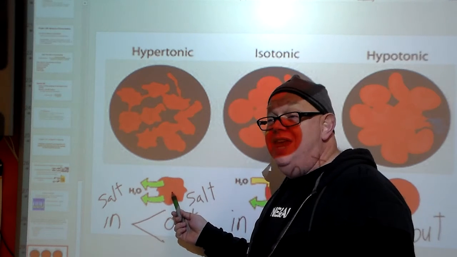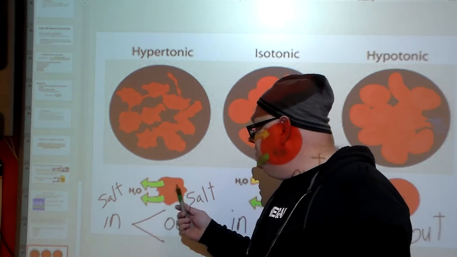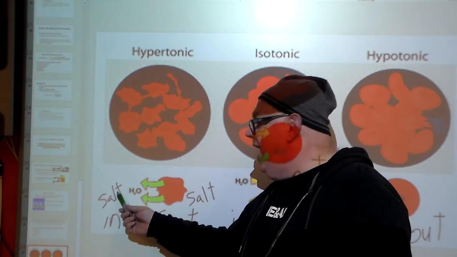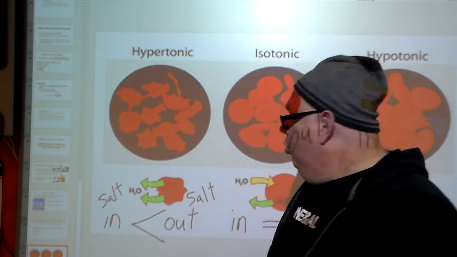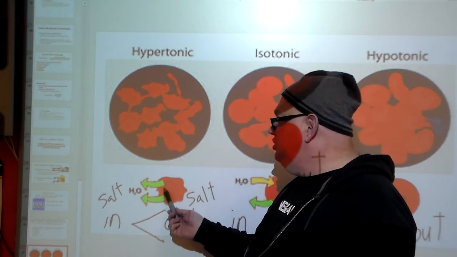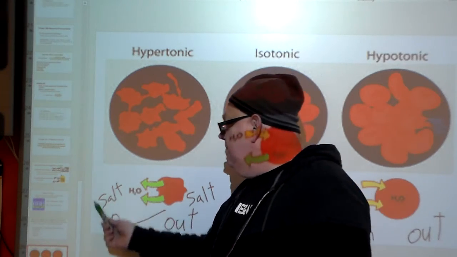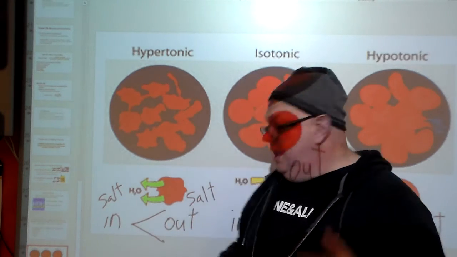It's rushing out of here because there's so much salt on this side. It wants to make the salt in here and out here equal. Which means there's so much salt out here, not that much salt in here. The water rushes out of that red blood cell to mix with that salt to make it equal.